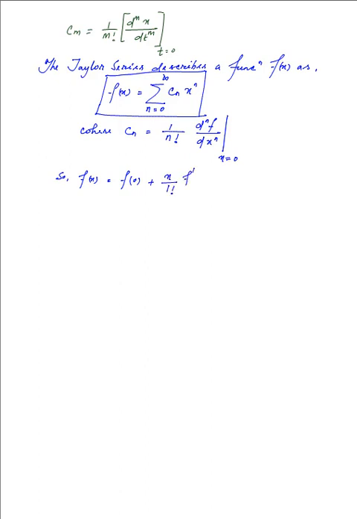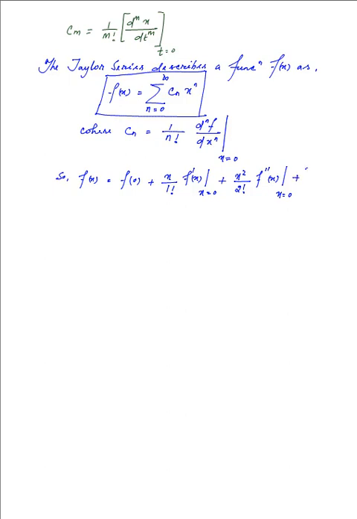The first derivative of f, we are taking it as f prime x and then setting x to 0, plus x squared over 2 factorial. Remember, these are the values of Cn that we are providing. Double derivative of f with respect to x and setting x to 0.